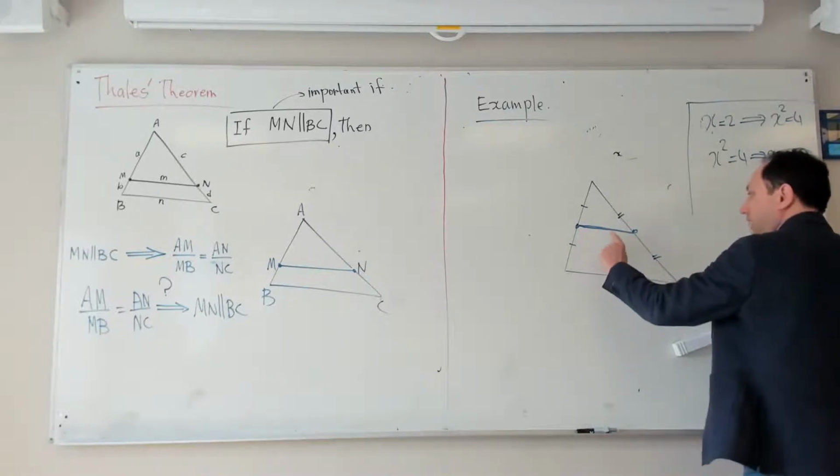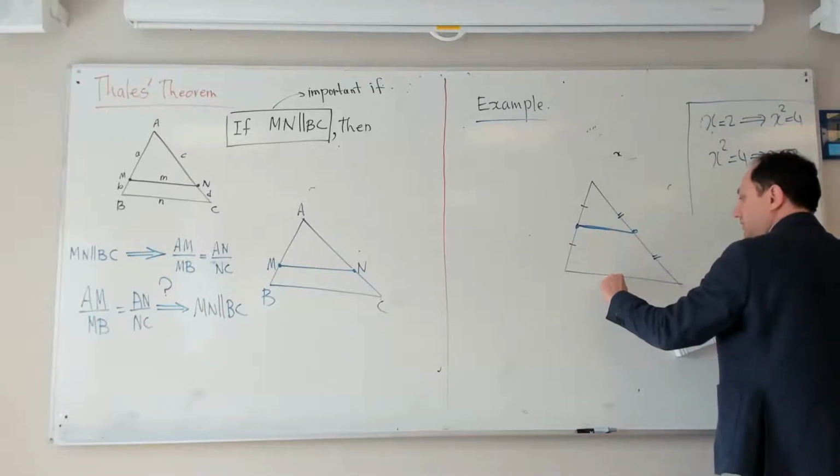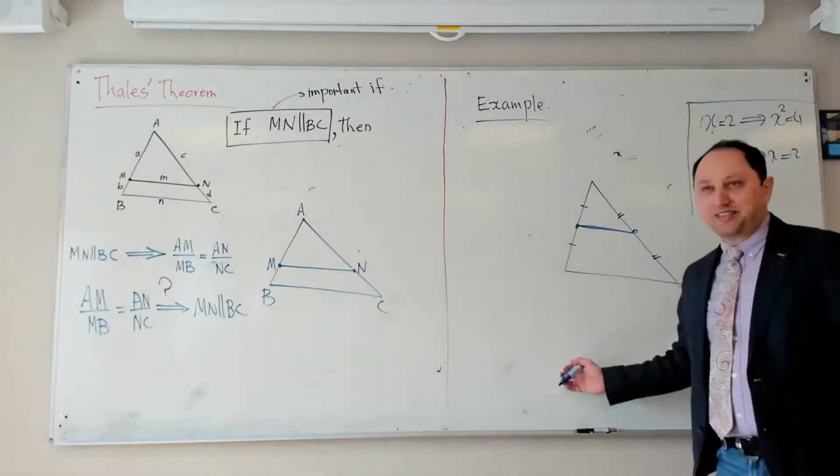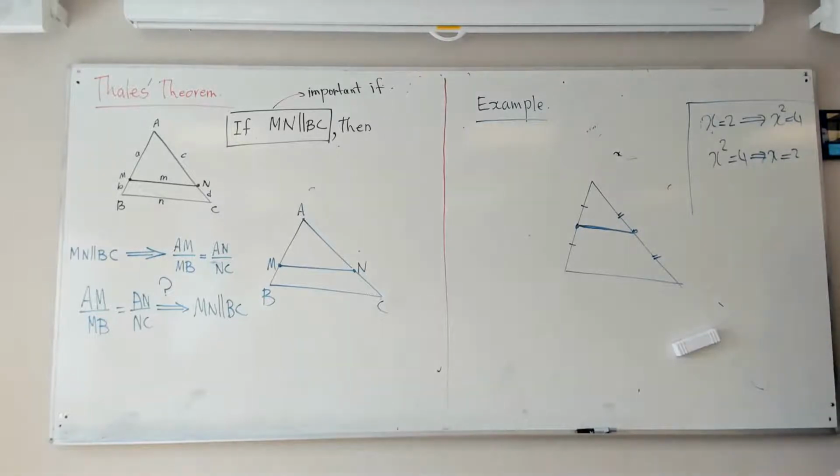I want you to tell me why this line becomes automatically parallel to this one. Yes? Because it's that divided by that. Exactly. The questions that I am asking are not necessarily hard. I just want to test your understanding.